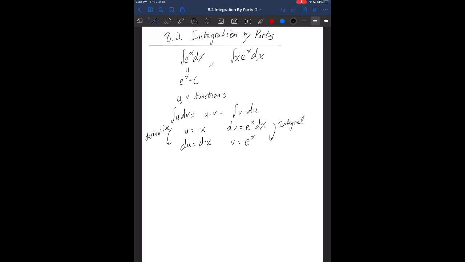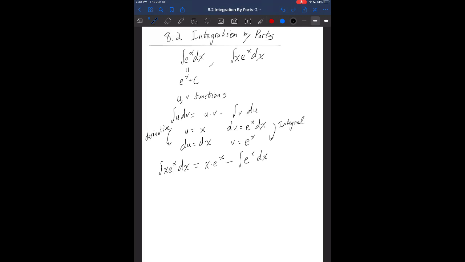The integral of u dv is the integral of x e to the x dx, and this is equal to u times v, or x times e to the x, minus the integral of v du. v we have from above is e to the x, and du is dx. So e to the x dx.